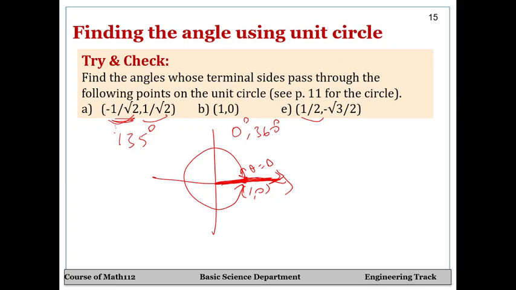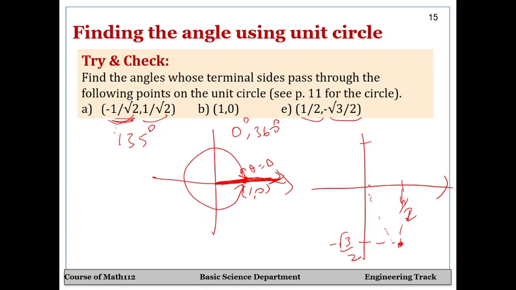And (1/2, -√3/2). Okay, 1/2 is here, and -√3/2, where is it? It's here. Now this is the terminal side.